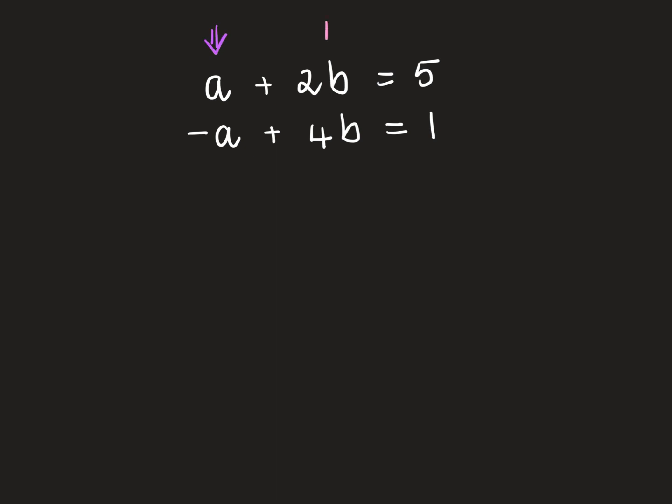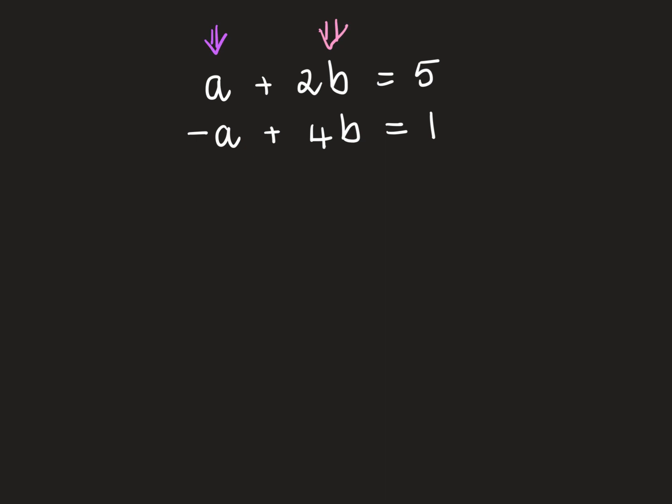Here I have a pair of simultaneous equations. I've got equations with letter A and letter B in them. And as you can see here, my A's are lined up here and my B's are lined up here. When we've got our letters lined up like that, that's a good opportunity for us to use this elimination method to solve our simultaneous equations.